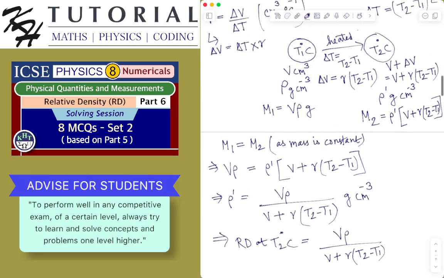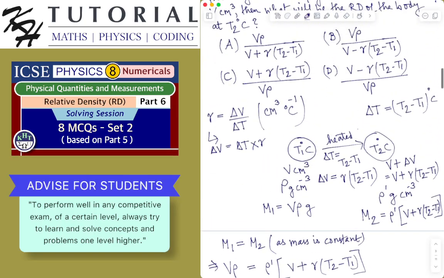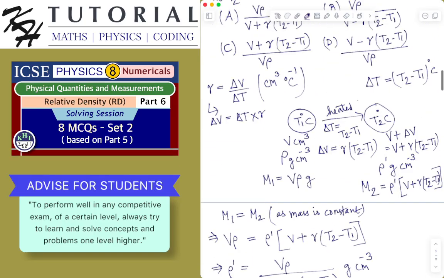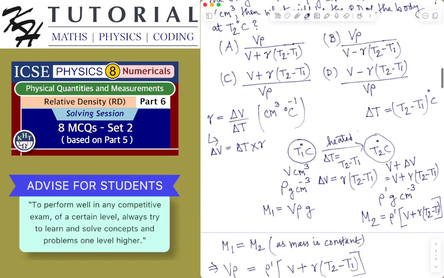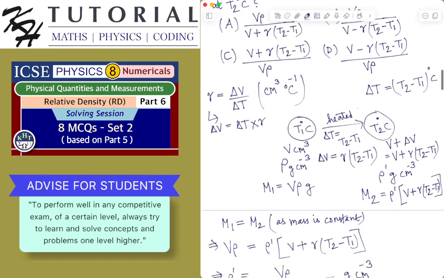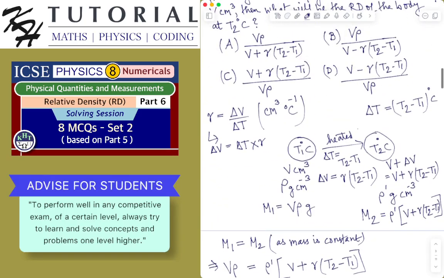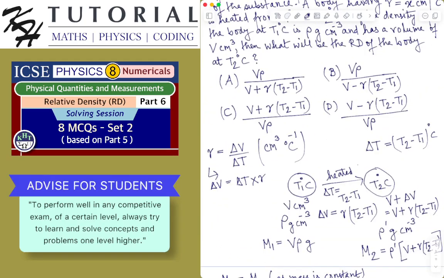So this must be the answer. Let's see, V rho divided by V plus gamma into T2 minus T1. So choice A is the correct choice.